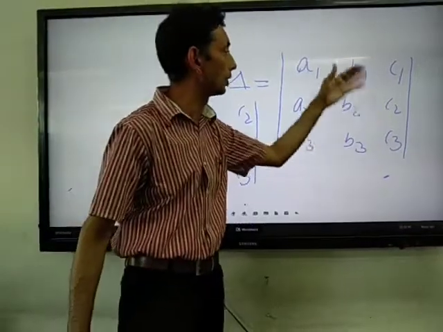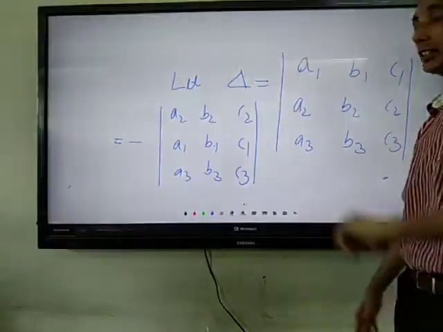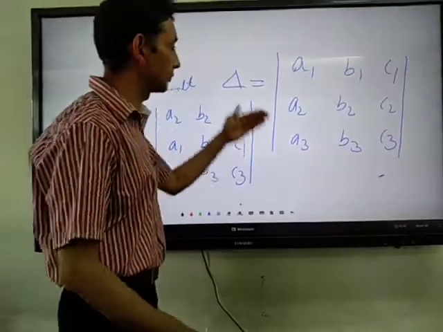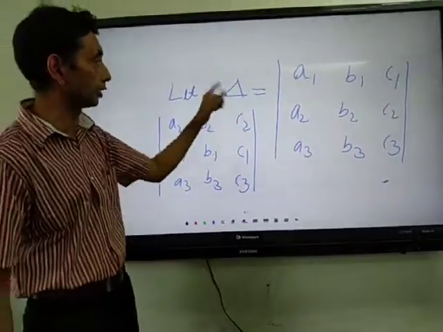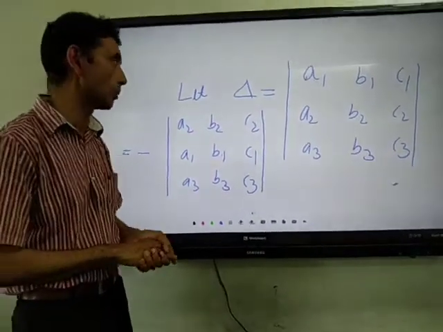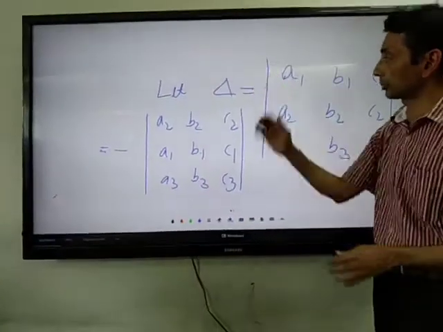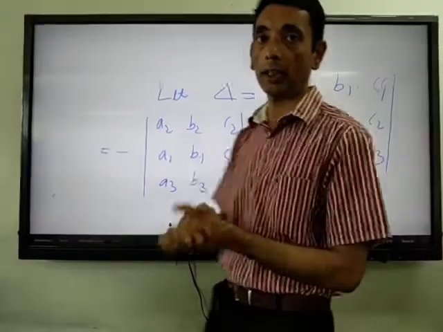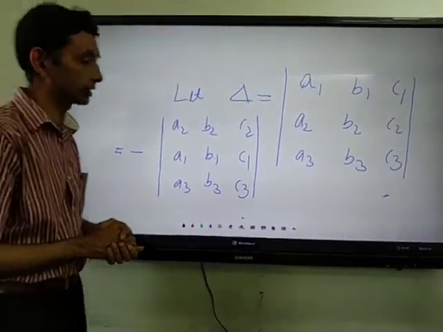If two pairs of rows or columns are interchanged, the value of the determinant does not change. If we interchange three times, the value of the determinant changes. Therefore, if the number of interchanges is odd, the value of the determinant gets multiplied by -1. If the number of interchanges is even, there is no change in the value of the determinant.